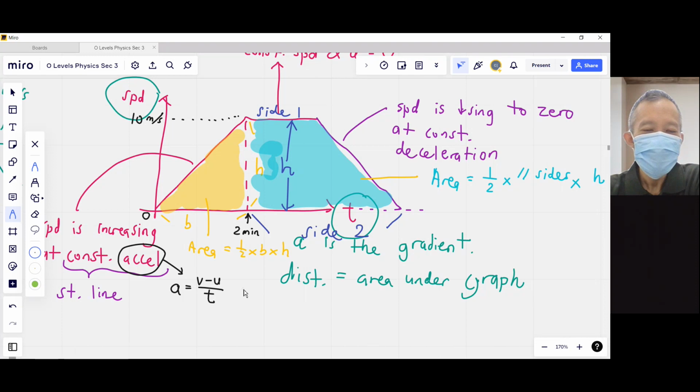Come, work out your acceleration, Fujin. A equals V minus U over T. Then what's the value? What's the answer? What is V? V is the final velocity. Final velocity over initial velocity, right? No, final minus initial over time.